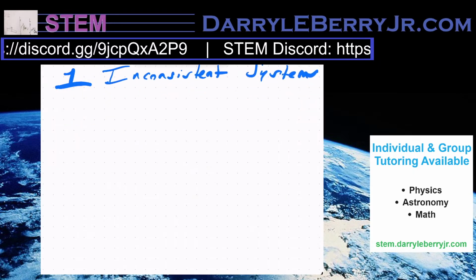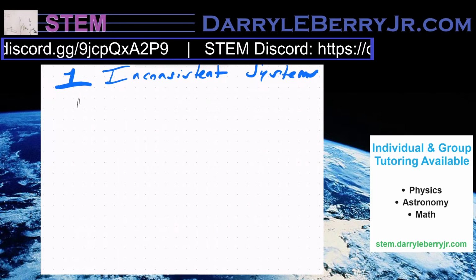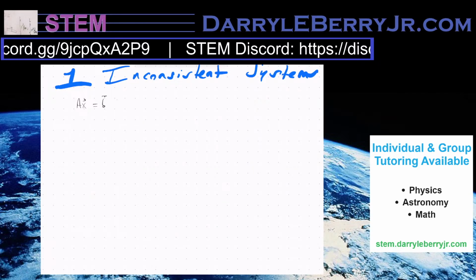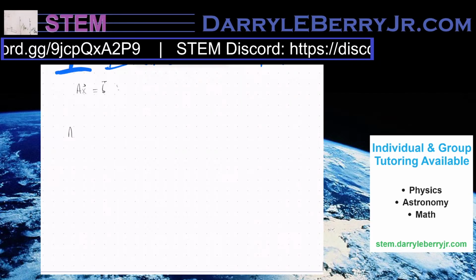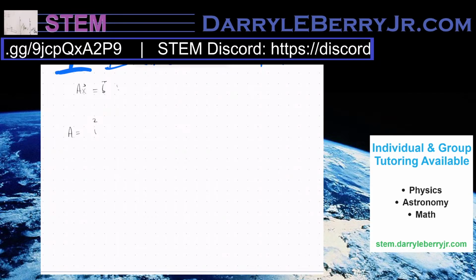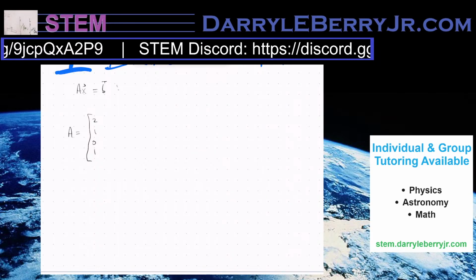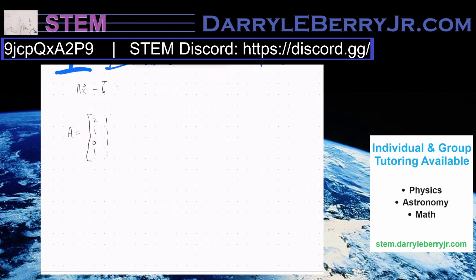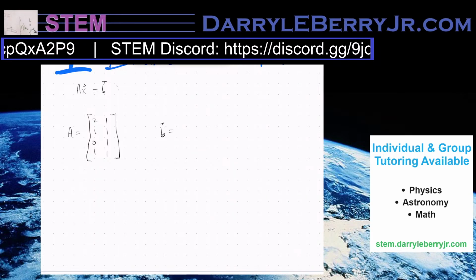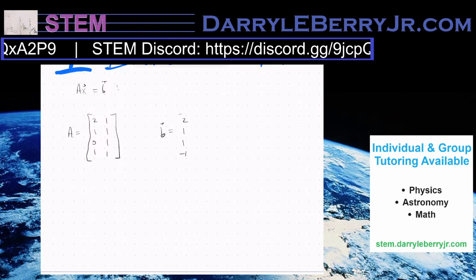So suppose we're given the system AX equals B to solve, where A equals the matrix with rows 2, 1, 0, 1 and 1, 1, 1, 1, and B equals 2, 1, 1, negative 1.